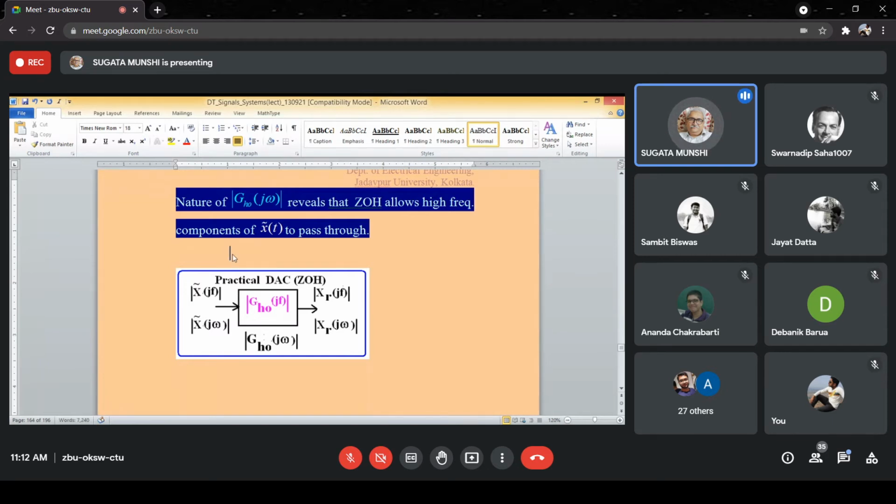The nature of the amplitude response indicates that this practical DAC will allow high frequency components of the sampled signal, the digital signal, to pass through.